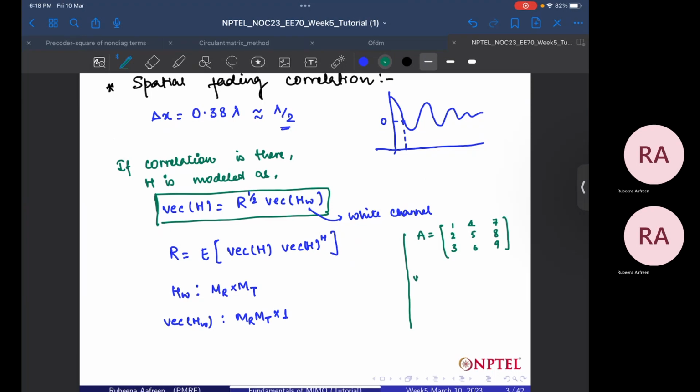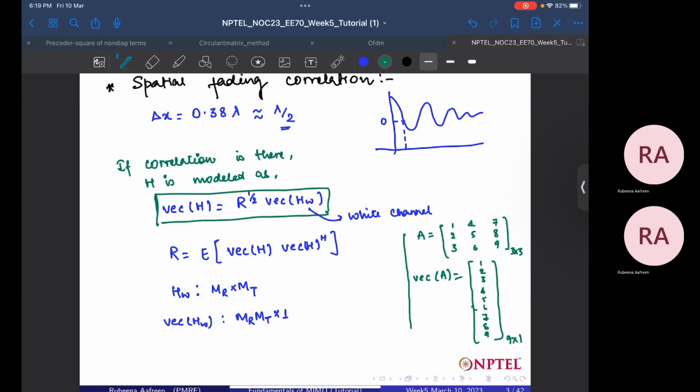So we will just stack all the columns one below the other. This is the first column, after that the second column will be stacked below it, then the third column will be stacked below the second, like that. So the 3 cross 3 matrix is now converted into a 9 cross 1 vector.